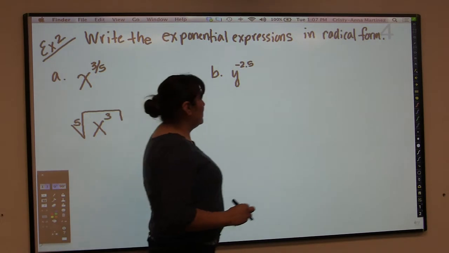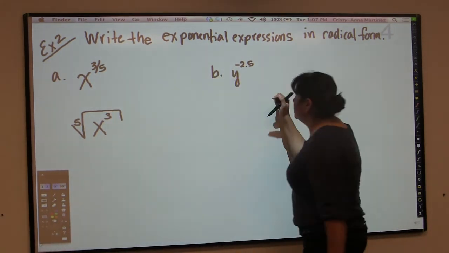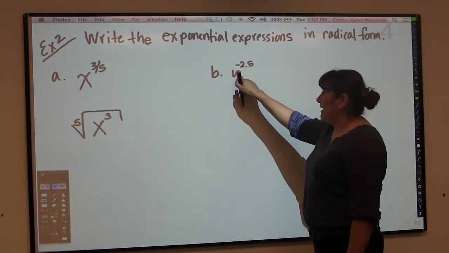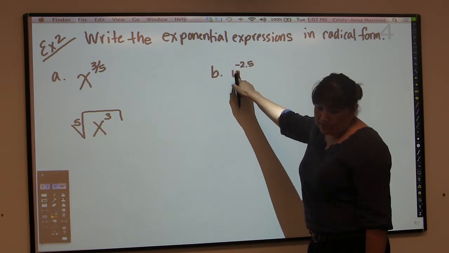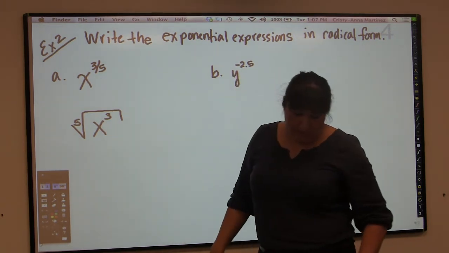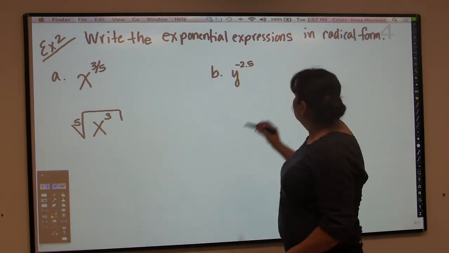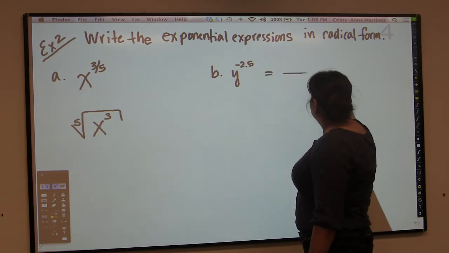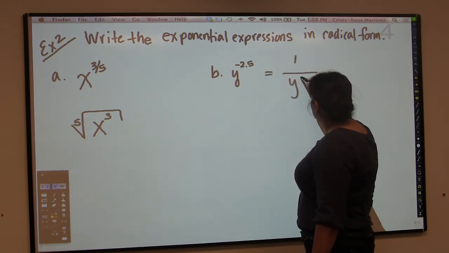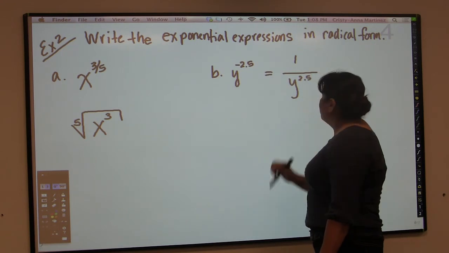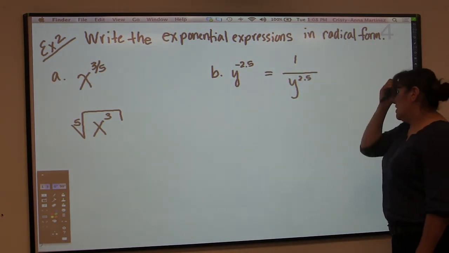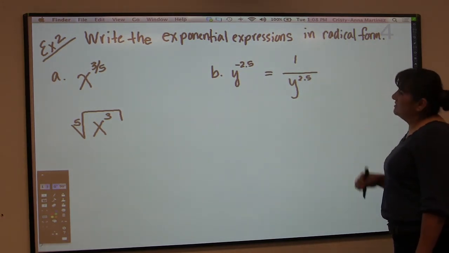For this one, we actually need a couple of things. Hopefully you remember that when you have a negative exponent, you have to move it to the bottom. And I want to make sure that that wasn't something that we just kind of put there. When you move the variable to the bottom of the fraction, that negative exponent becomes a positive exponent.